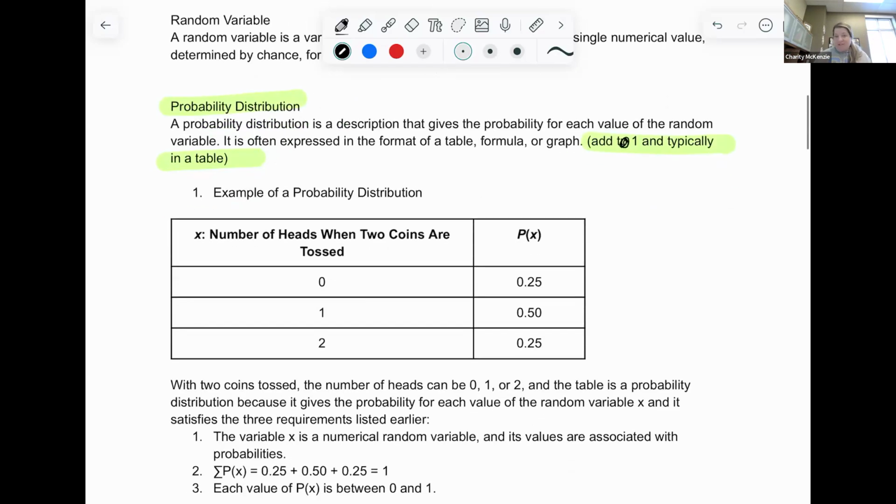So the first couple questions literally say, is this a probability distribution? Add up your probabilities and they better equal 1. And these ones do. So 0.25 plus 0.5 plus 0.25 equals 1 or 100%, depending on whether they have percents or decimals.